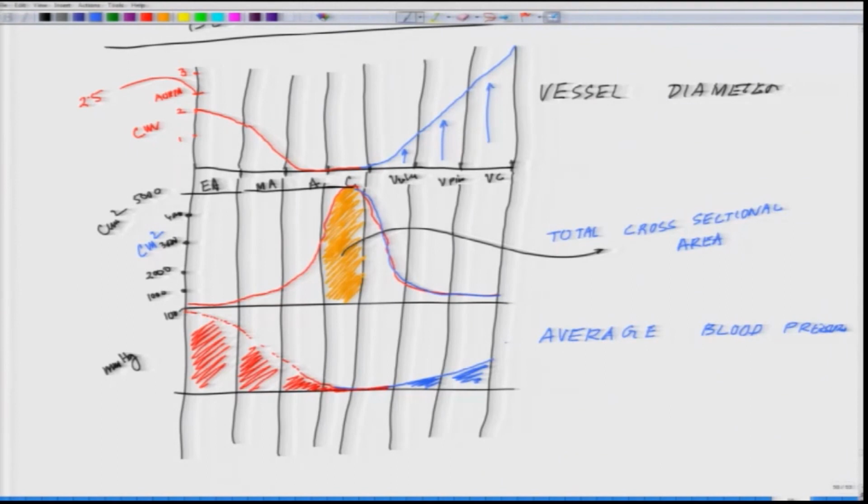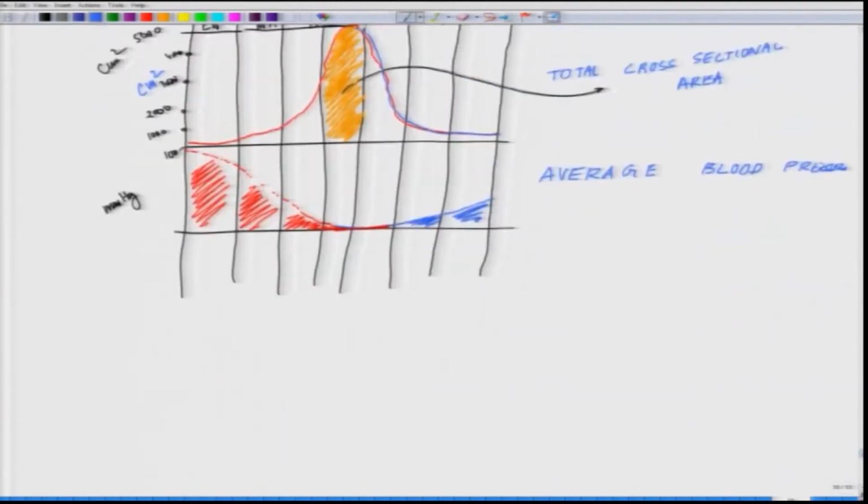Now, the next and the last of these relations is out here: the velocity of the blood flow, which by this time you should be able to predict.